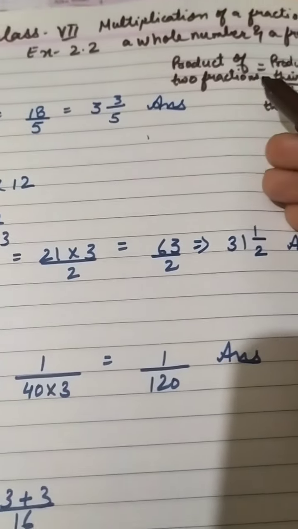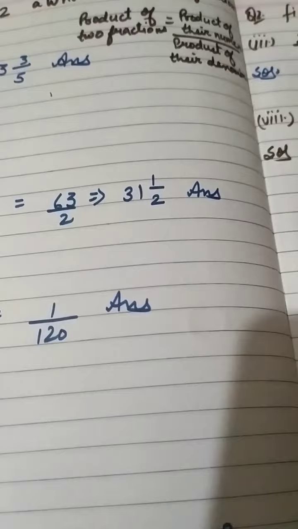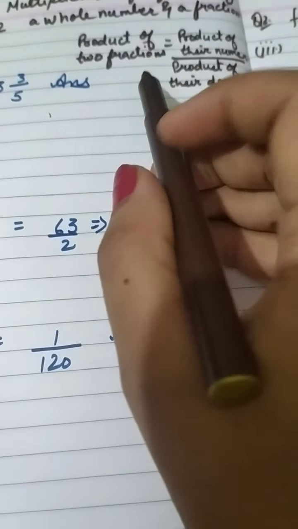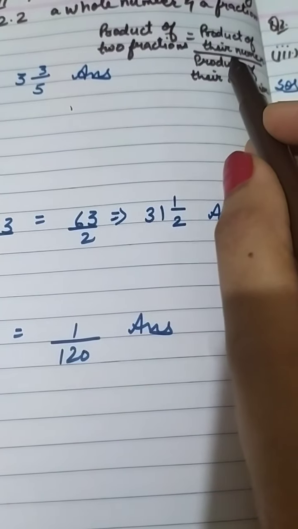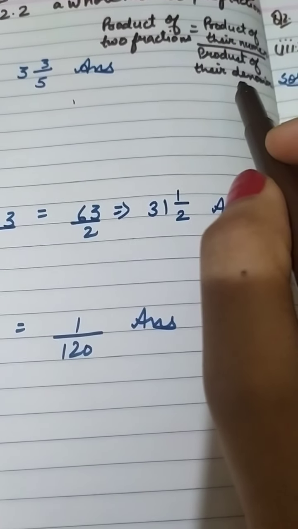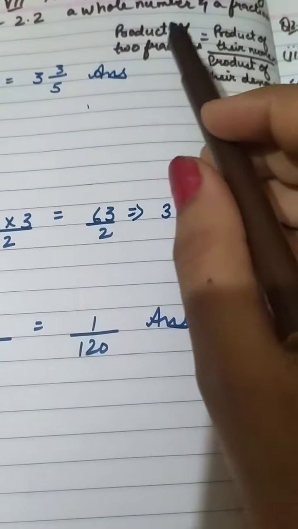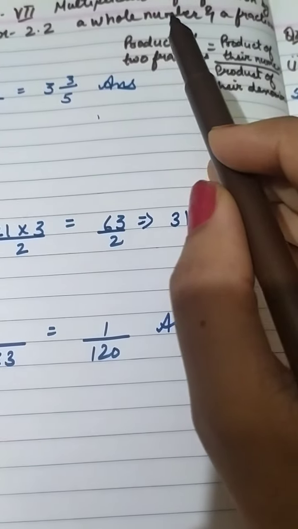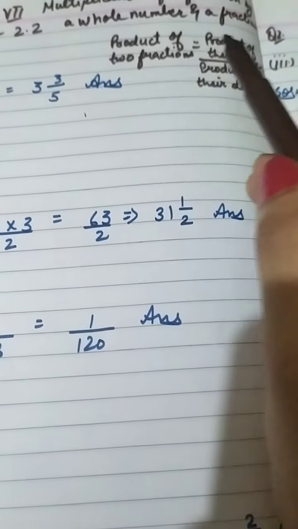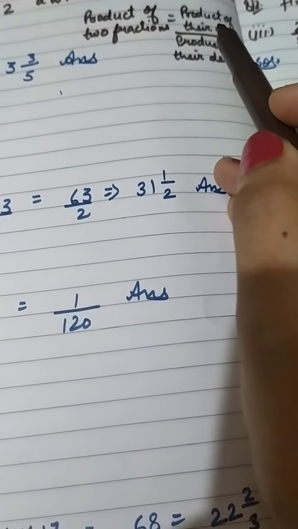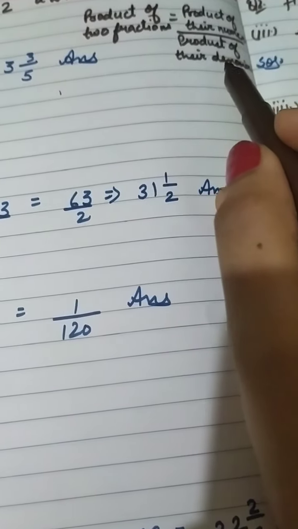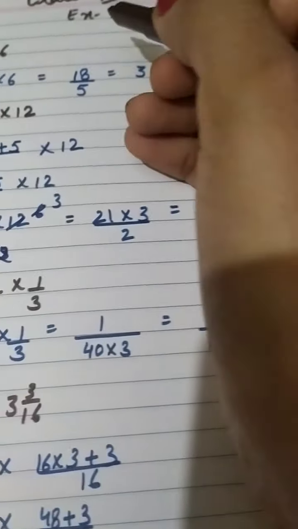Let us study the formula for this: the product of two fractions equals the product of their numerators upon the product of their denominators. Means that if we have to find the product of two fractions, first of all we multiply their numerators, and then put it upon the product of their denominators.